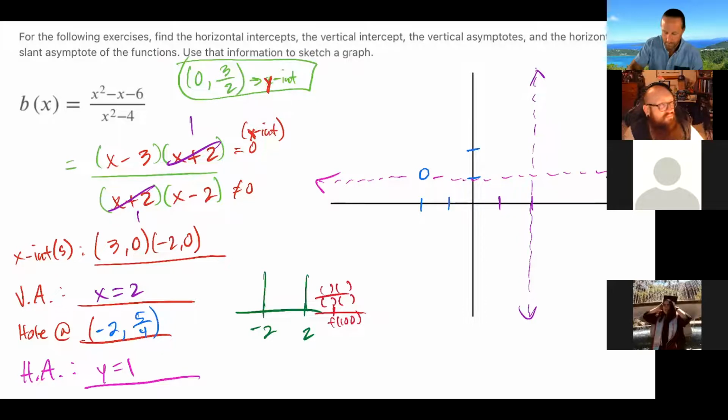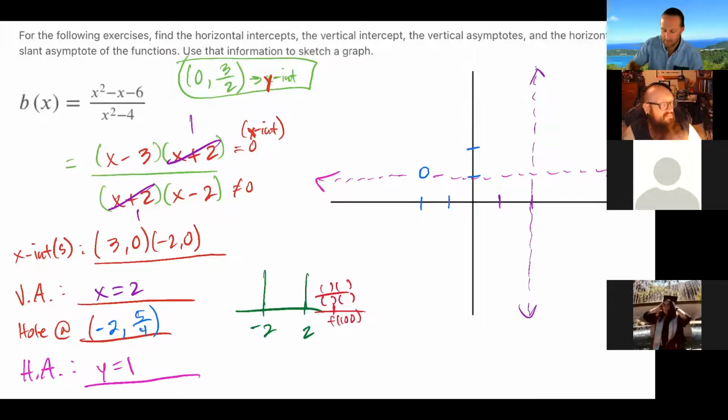Easier to figure out. Doesn't 3 give me a problem, by the way? No. What if I plugged in 3? Is it positive or negative there? Positive 3.